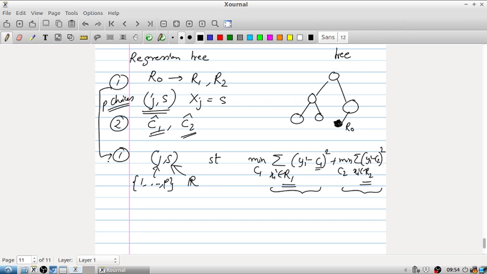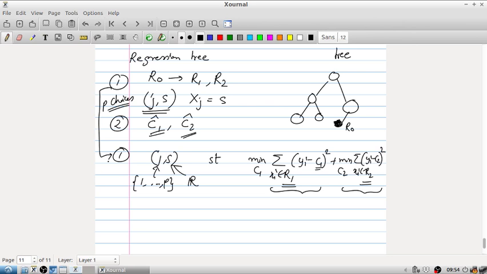Once I've told you the steps of going from one region and splitting into two regions, you can do that starting from the initial node and keep going over and over again. Naively, you can stop when you only have 1 point in that region. If you split it further, there's going to be a region where there's no point, so you can't really attach a number there.